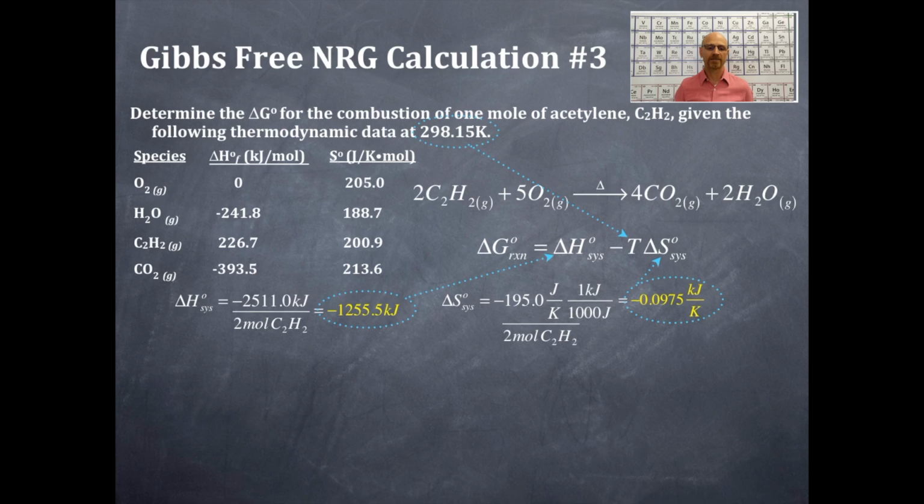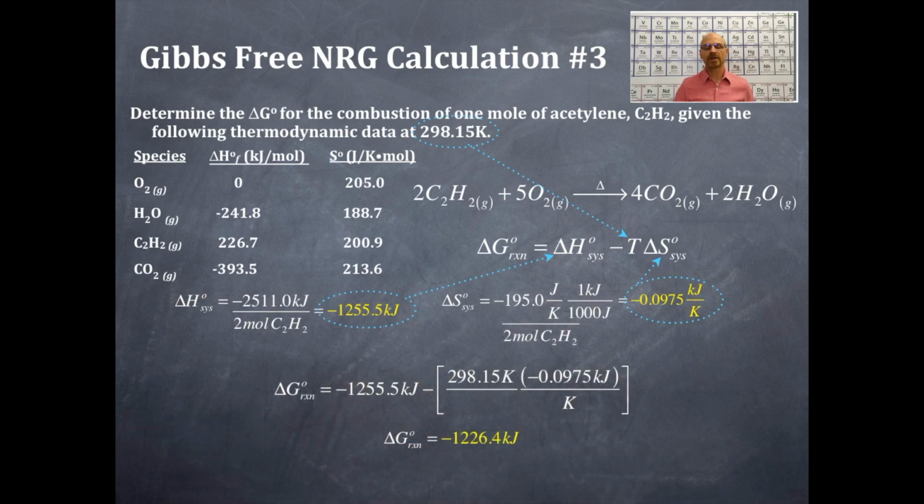I plug this in to get my delta G naught for the reaction. That's negative 1,255.5 kilojoules minus the 298.15 times the negative 0.0975 kilojoules per Kelvin. The Kelvins cancel out. I'm left with kilojoules for both the entropy and the enthalpy terms, and this is the value that I'm going to get.